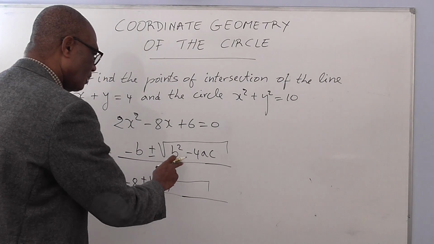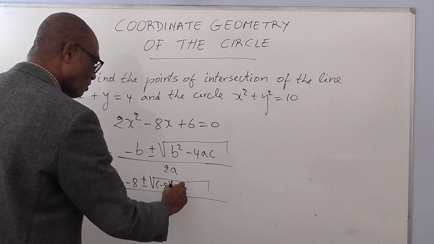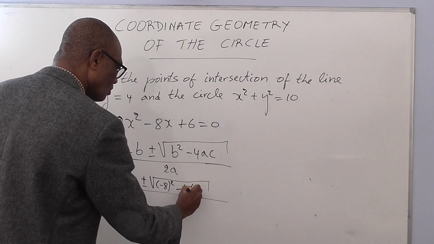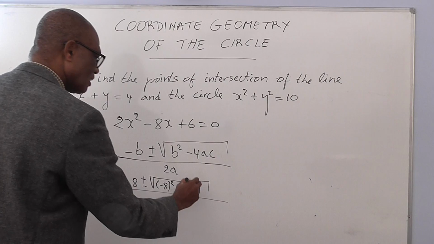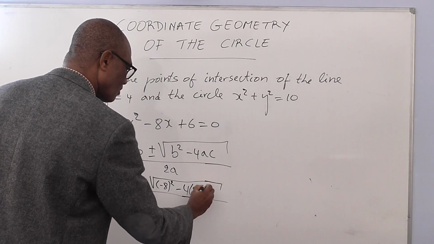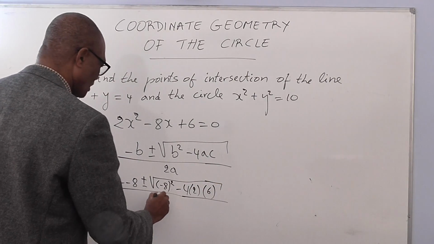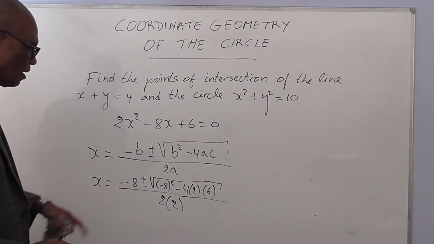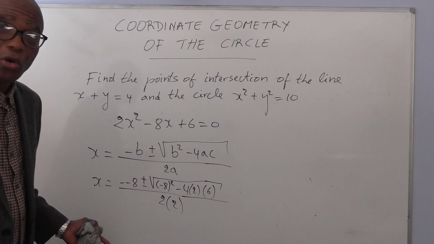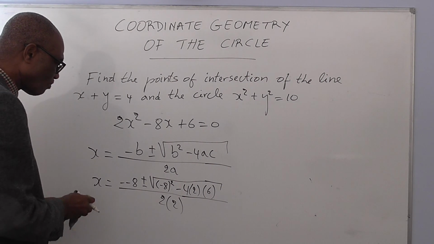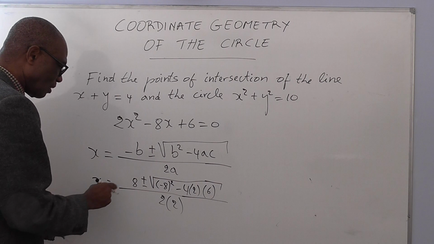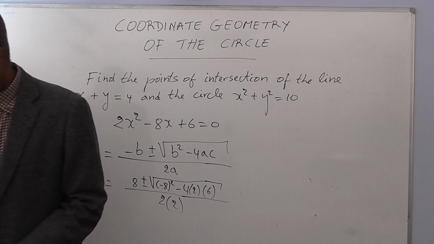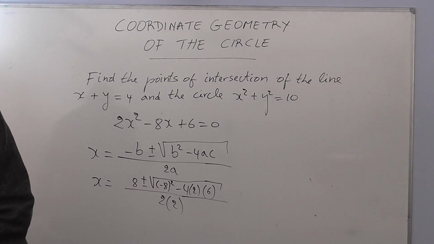So now the formula says minus 4, a is 2, and c is 6, all over 2a. Minus and minus gives plus. Then we use the calculator here.